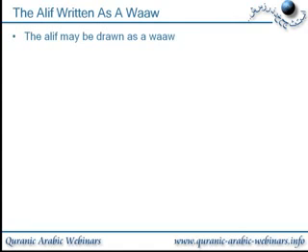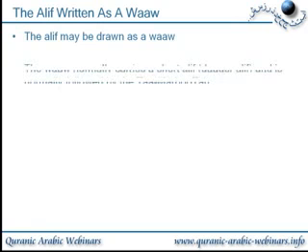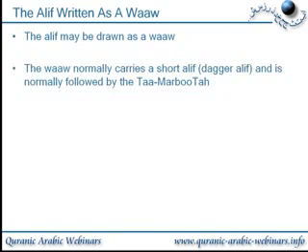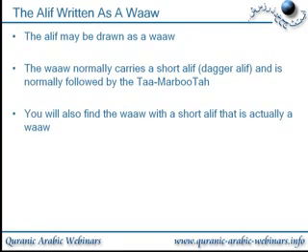Now we'll go on to the next one, which is the alif written as a waw. So the alif may be drawn as a waw. The waw normally carries a short alif, and is normally followed by the ta marbuta. You will get two versions of this.